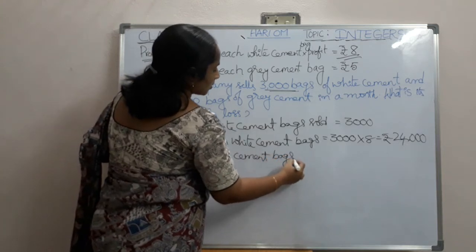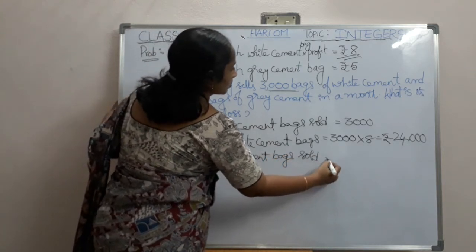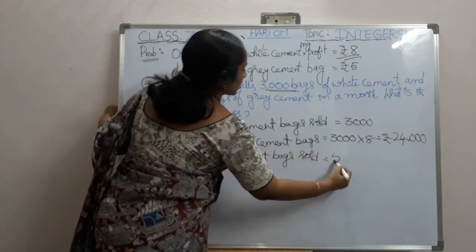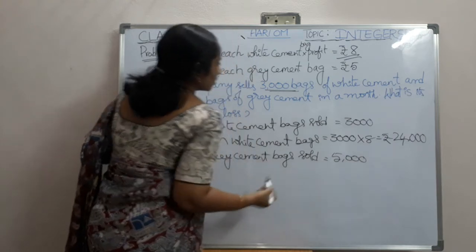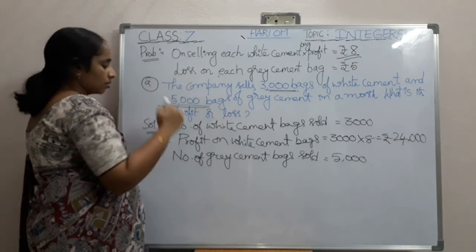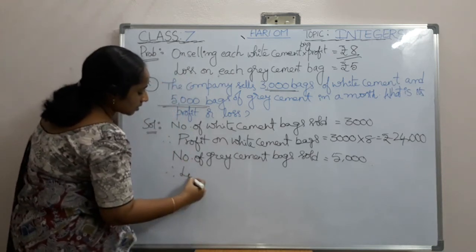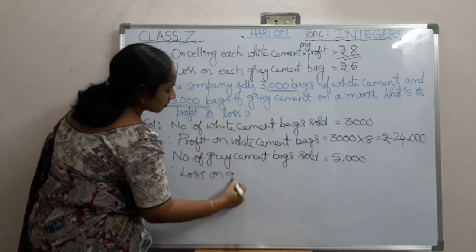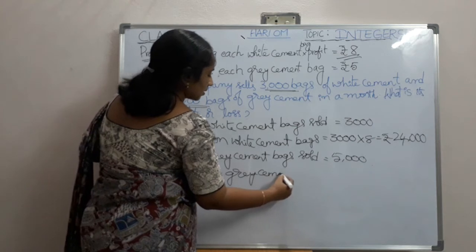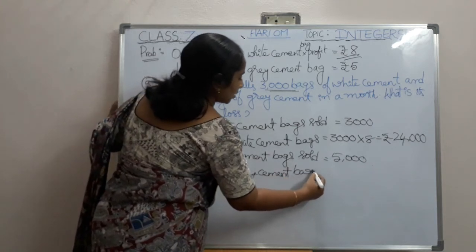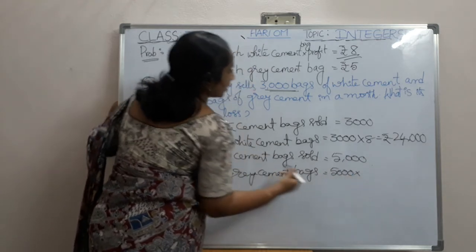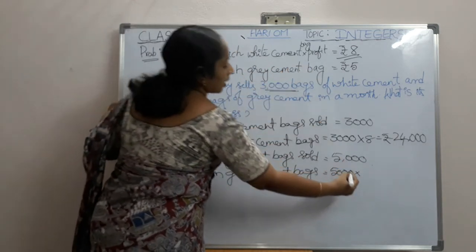Now coming to number of grey cement bags sold is equal to, what is that? 5,000. So on grey they incurred loss, no? So that loss on grey cement bags is equal to 5,000 into each one loss is 5.